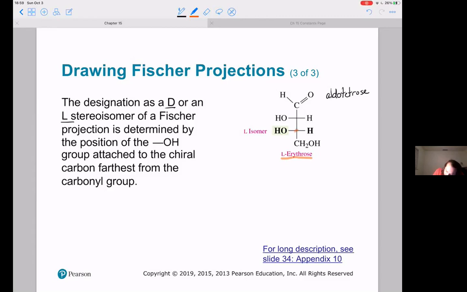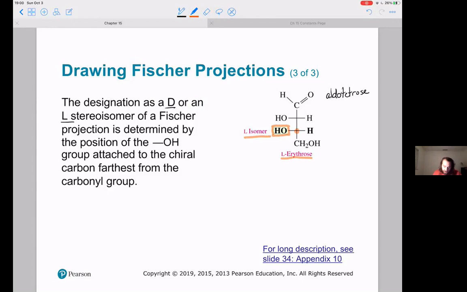We look at the last chiral carbon and we look at where the OH group is in our Fischer projection. If it lies on the left, as it does here, that's the L isomer. If it lies on the right, that would be the D isomer. So this image here is the L isomer of erythrose.